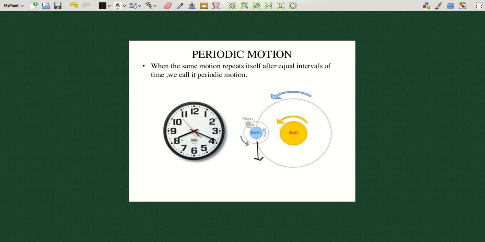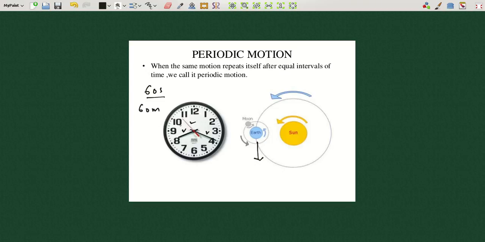You can see here, this is the hour hand, this is the minute hand, this is the second hand. All are moving in a circular path, but they complete one circular path in a particular time. The second hand takes about 60 seconds to complete one circular motion, and the minute hand takes 60 minutes.